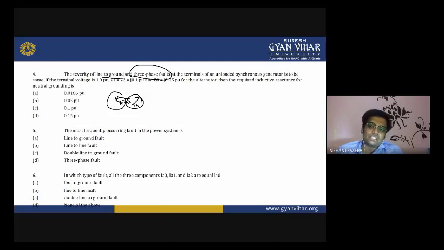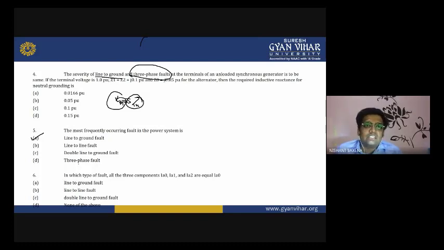And in the distribution systems, the faults occur due to short circuit between the two lines, due to the falling of trees, due to birds, or due to rainy seasons and various other factors, due to breakage of the line conductor and various others. So most of the faults occur on the distribution side, and the maximum category is the line to ground fault. So the correct answer is line to ground fault.